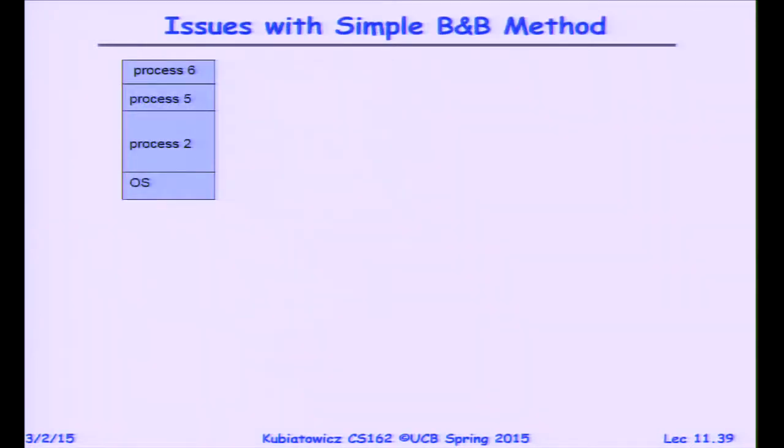So if you look, here is kind of what we end up with if we do this very simple base and bound. Notice that every process in this model has to have a contiguous chunk of physical memory starting at a base and no bigger than the bound.